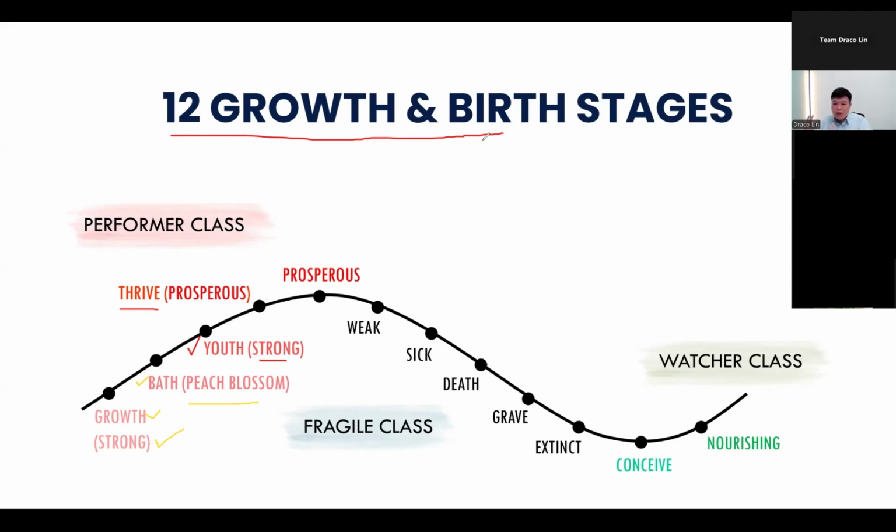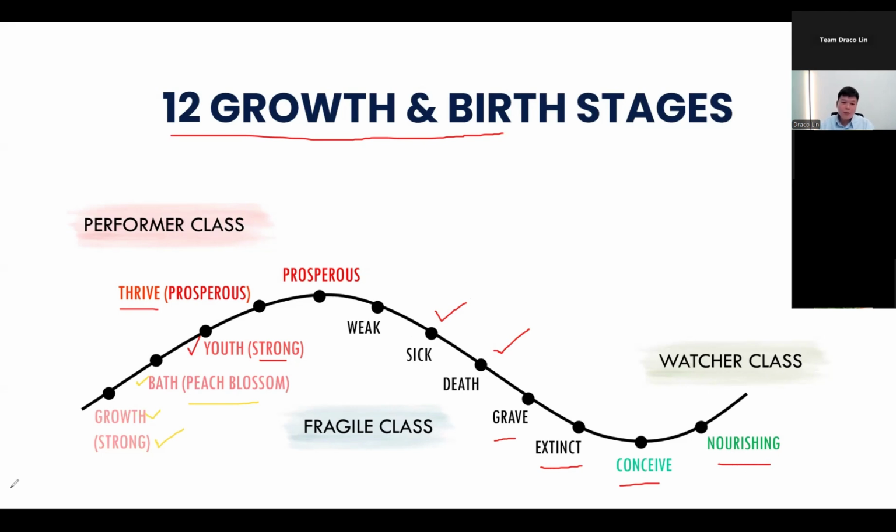After you go to uni, you go out to society, you get everything you crave for, you desire for, then you start to grow old, you become weak, and that's where you become sick, and people unfortunately go into the death mode. Then after somebody dies, you go into the grave, then you go extinct, then the cycle repeats again, where you are conceived and nourished, then you become another human, reincarnated in this line. So this is like the law and nature of humans, or not just humans, of living things.